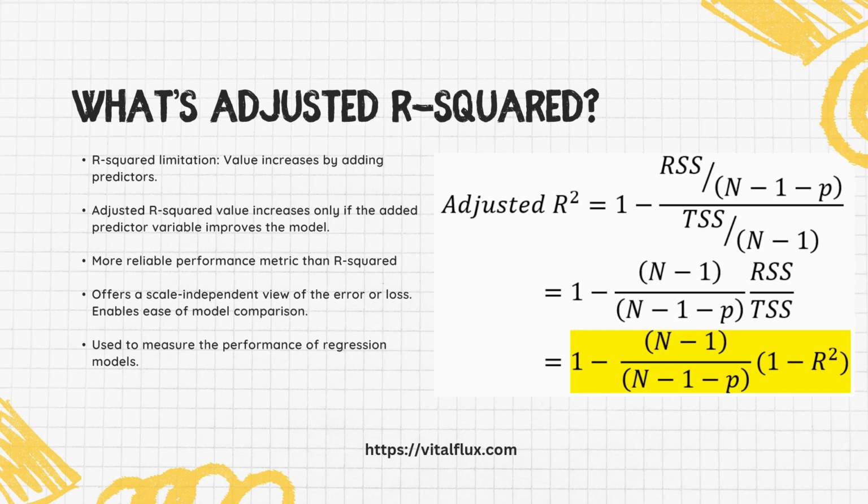So from that perspective, adjusted R squared can be seen as a more reliable metric than R squared. Like R squared, it also offers a scale independent view of the error and enables the ease of model comparison. If you take a look at this formula, it tells how adjusted R squared can be a function of R squared.